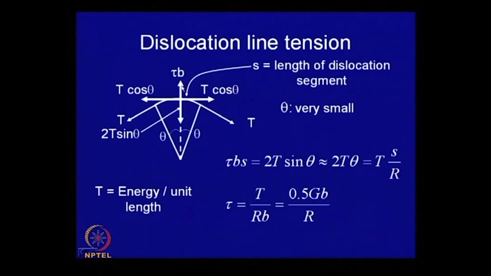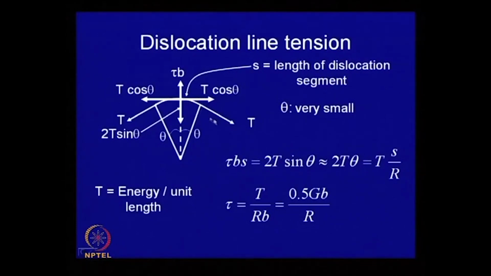So, this is the force which is trying to bend the dislocation, and when the dislocation bends, its length increases, and since it has a line tension, it will have a natural tendency to shorten itself. So, there will be a restoring force acting on it, which is shown here.